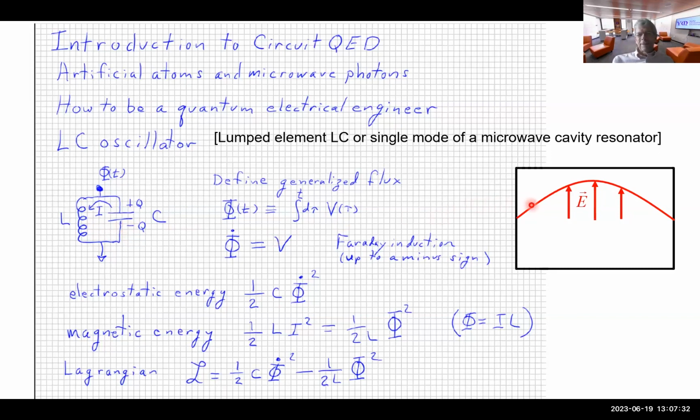We'll also be looking at 3D cavities that have many different classical oscillation modes, and the coordinate there can be chosen to be the magnetic field or the electric field at some point in the circuit, perhaps where the qubit is located inside the cavity. But this simple lumped element model captures the essence of everything we need to know about.